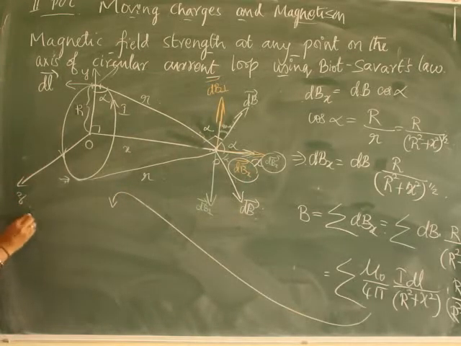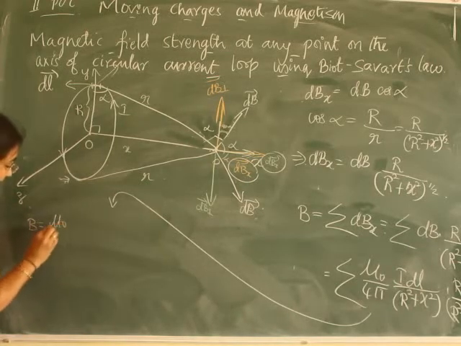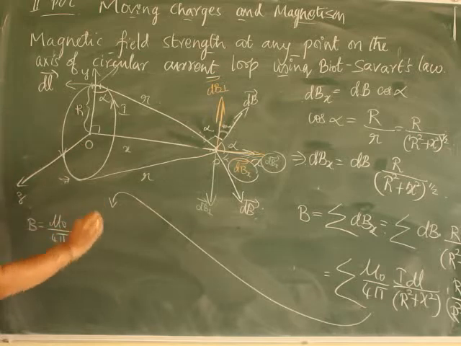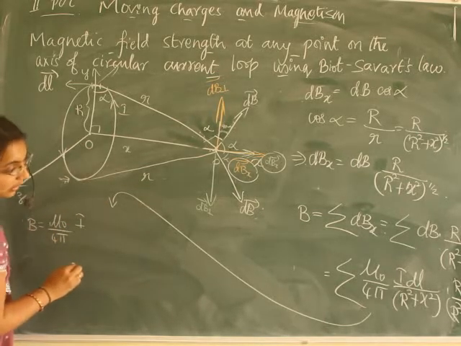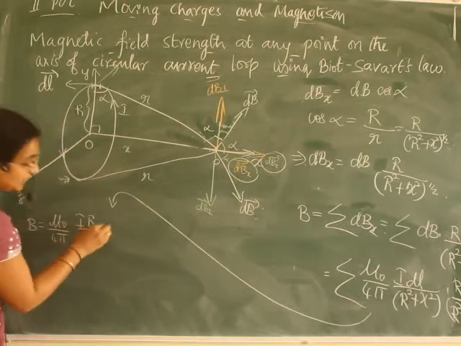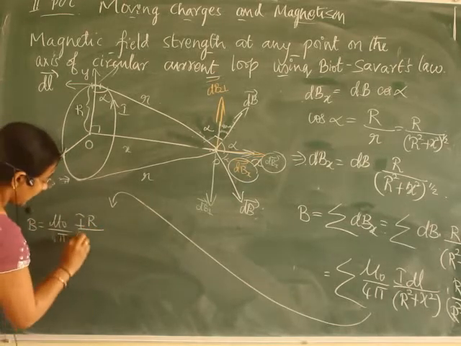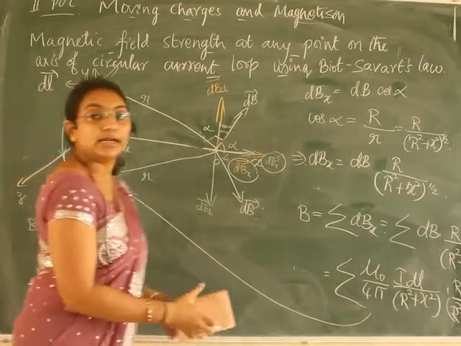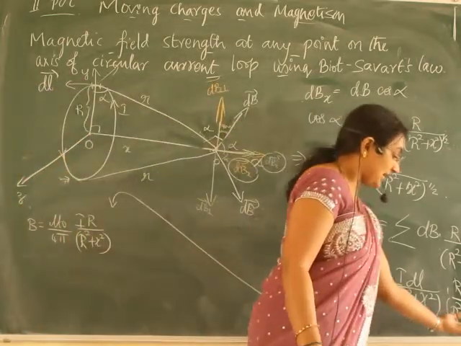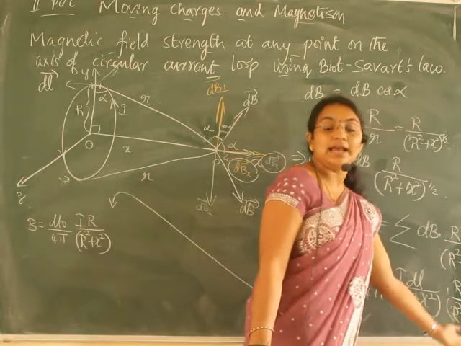B is equal to mu naught by 4 pi I r divided by r square plus x square. Here, this is also r square plus x square, and this is also r square plus x square.